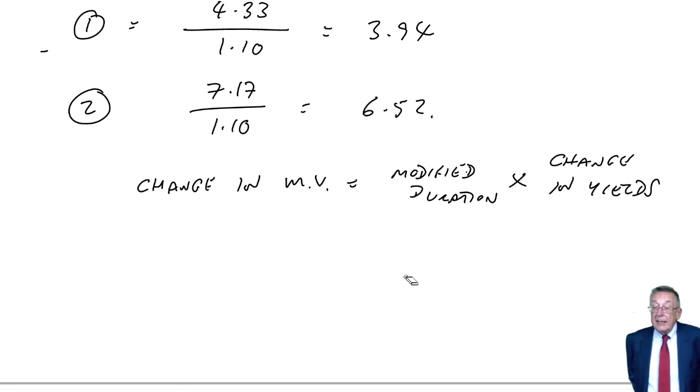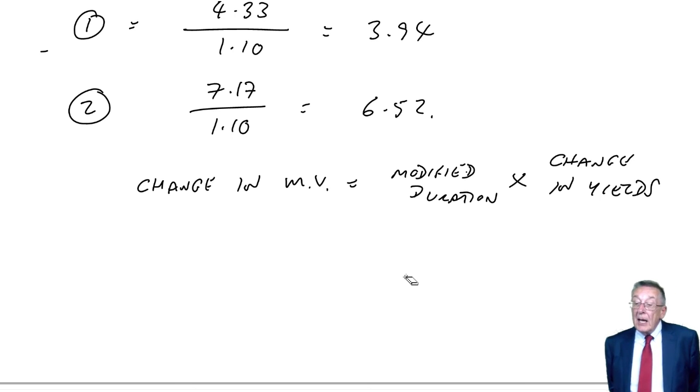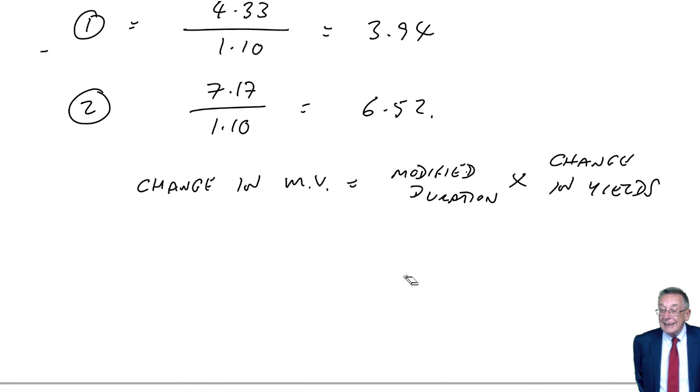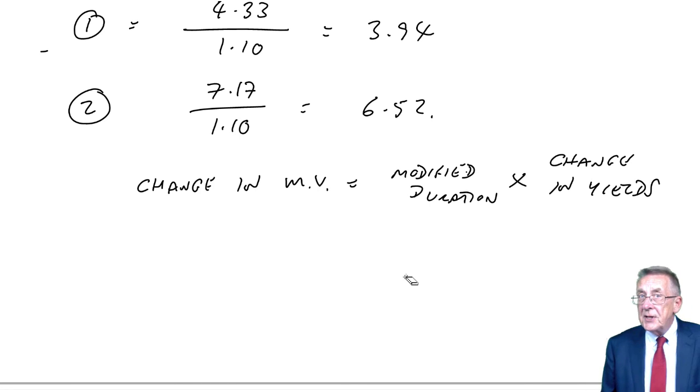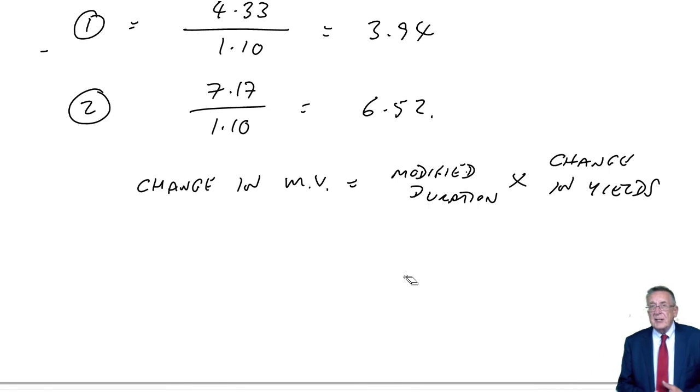Clearly number 2, as yields change, the market value will change by a lot more, 6.52 times, by a lot more than the market values of number 1 would change. So again, if you were comparing investments, but as I say, you won't be asked to choose in the exam. You're just expected to illustrate how we calculate the Macaulay duration, modified duration, and the basic interpretation of them.